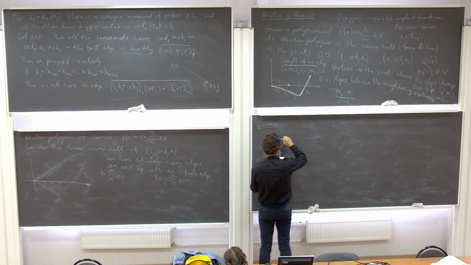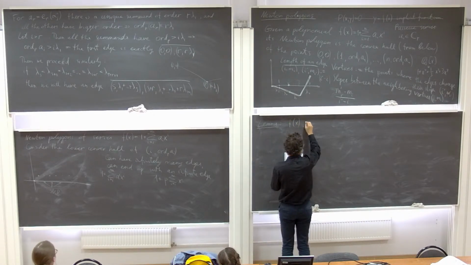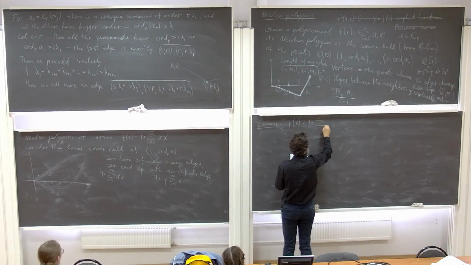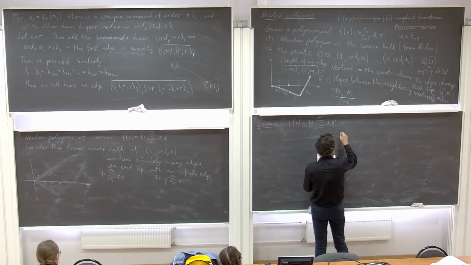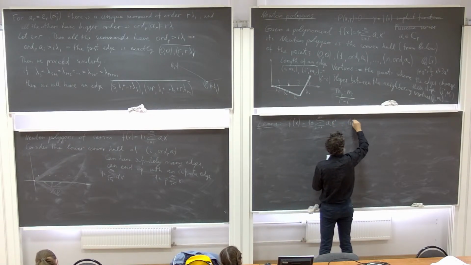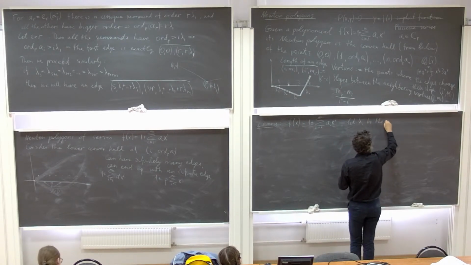So we have an infinite series, this, and let lambda 1 be the first slope.